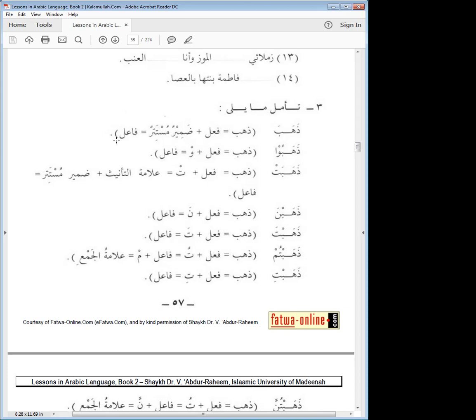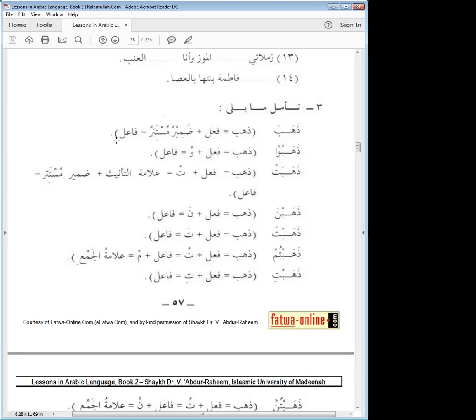Because ila is not the fa'il, this is a preposition, right? It's a harf, it's a particle, right? And al mudir is not the one who is doing the action of going, right? He is the place where the person went to, okay? So who is it? Where is the doer of the verb in that sentence? It is not expressed.